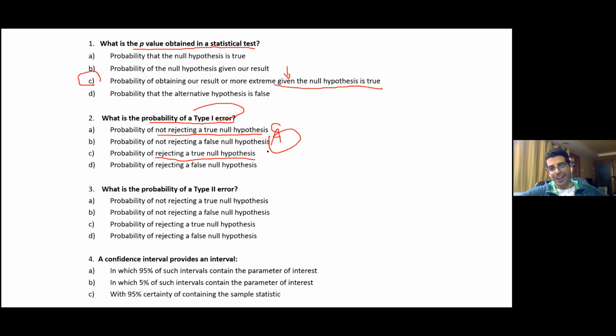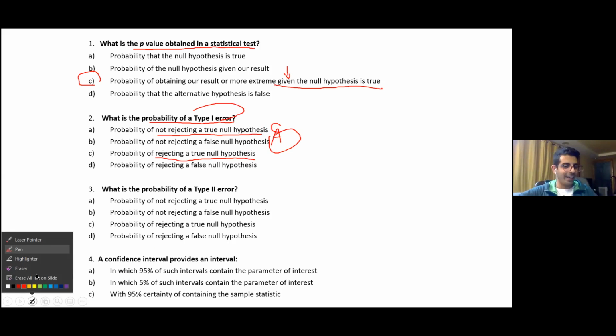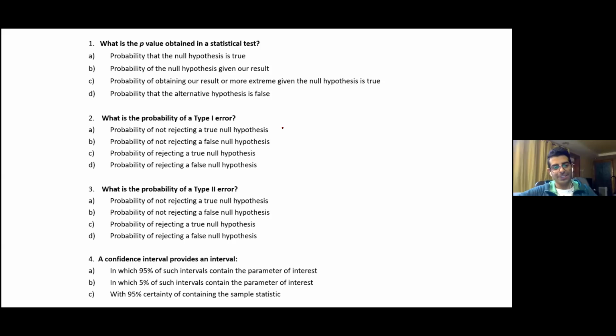So there can't be 2 alphas. Okay? So relax. Again, rejecting a true null hypothesis. Okay, wait. Listen. I do not understand what you guys are saying. This was correct decision and this was alpha.